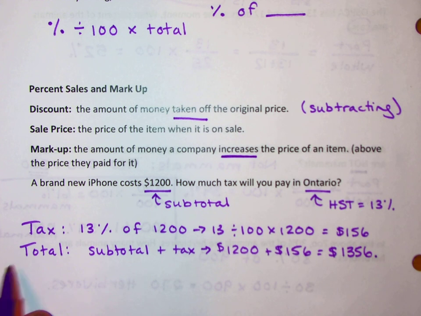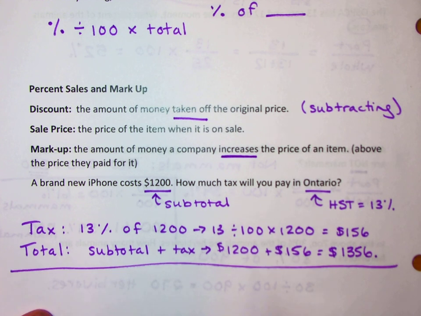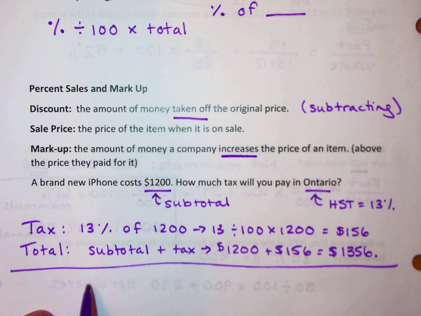Okay, so that's one way you can do it, and that's pretty applicable to what we had just learned, right? You take the percent of a number and then just do simple addition of the two. If you wanted to go a little bit quicker though, if you multiply your subtotal by 1, it doesn't change.